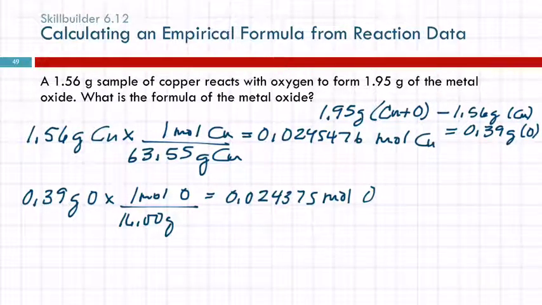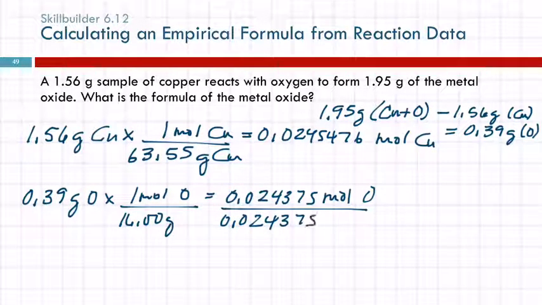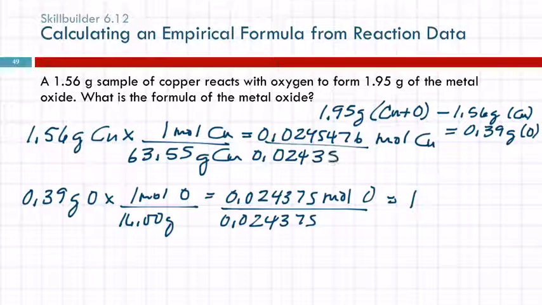It's okay that those are small numbers. The ratios, you pick the smallest one. They're really close to each other, but the oxygen one's a little smaller. So we divide this one by itself. That gives us 1. And we divide this one by the same thing, 0.024375.